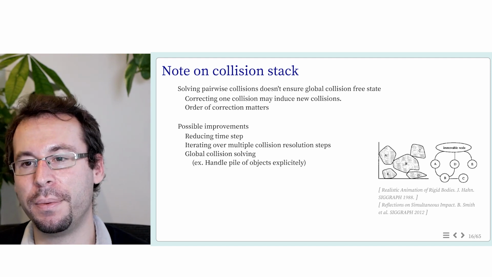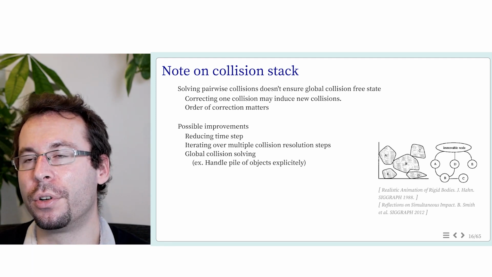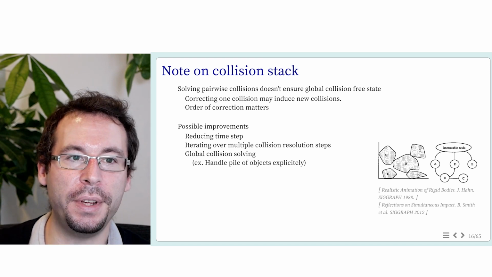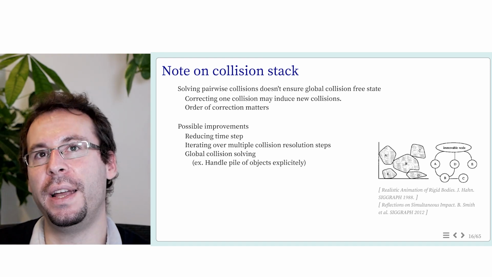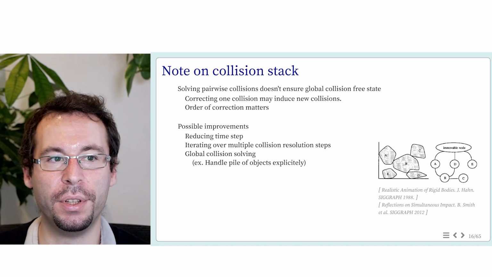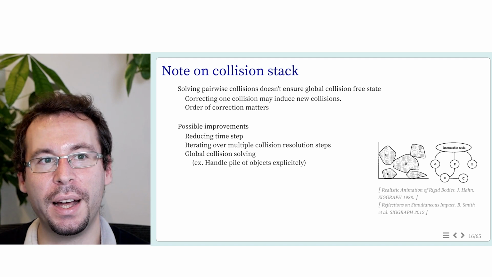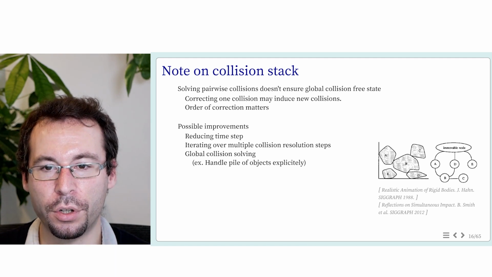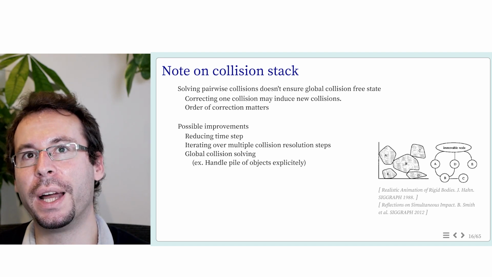I may not have the same result if I check, for instance, all the collisions between spheres first, and then the collisions between spheres and planes, than if I start first with the planes and then do the collisions between spheres. And typically, the collisions that will be the most preserved are the ones that are corrected last.